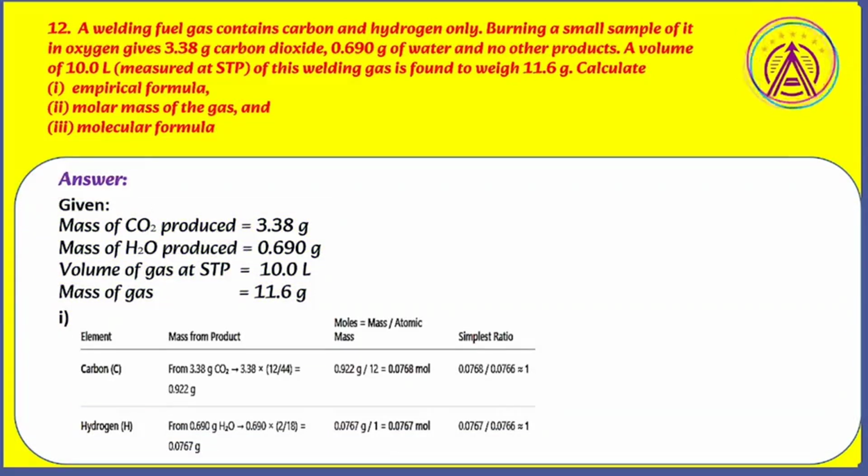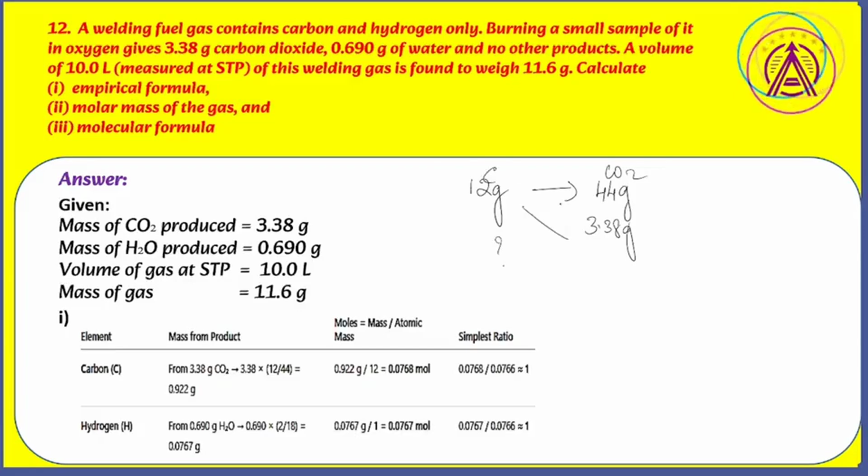So we know that the mass of carbon dioxide produced is 3.38 grams. We also know that 12 grams of carbon, which is the molar mass of carbon, will react to give 44 grams of carbon dioxide. So if 3.38 grams of carbon dioxide is formed, how much carbon has reacted? That is nothing but 3.38 into 12 by 44.